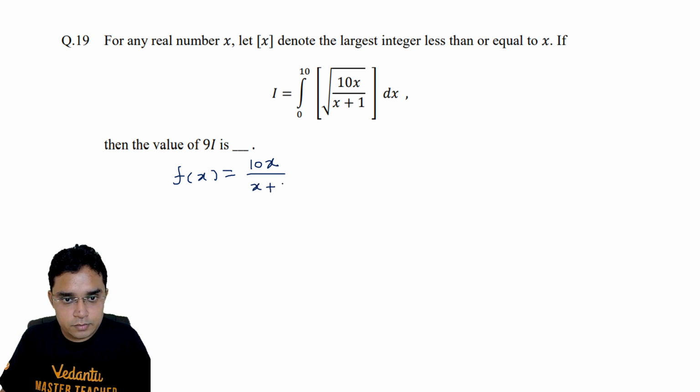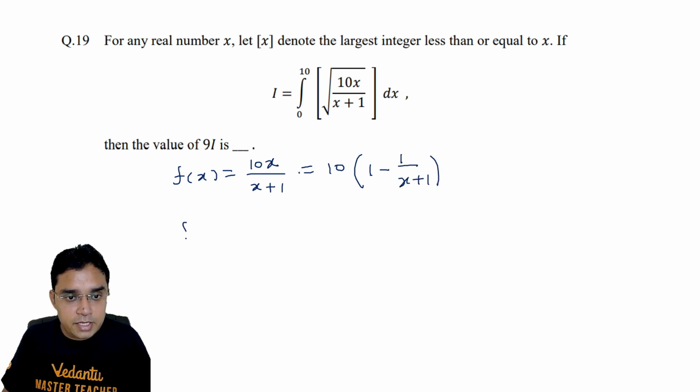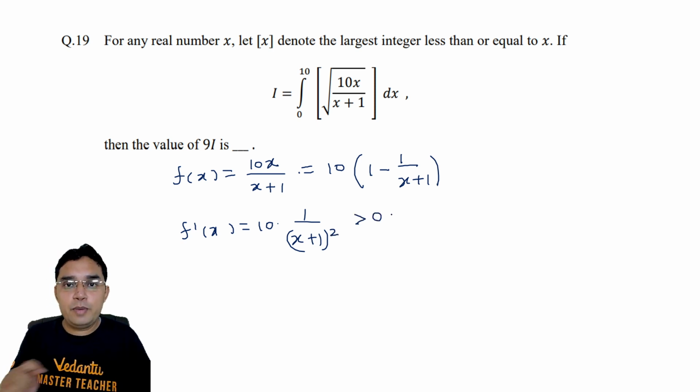Now I can write this as 10 common (1 minus 1/(x+1)) also. Then we can see f'(x) is equal to 10 into 1/(x+1)². So this is positive always, so the function will be strictly increasing.